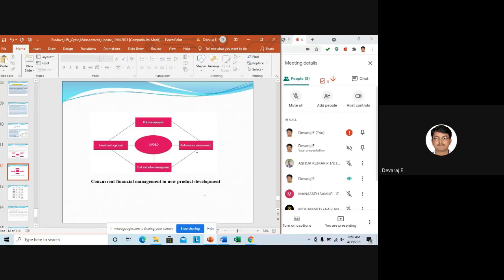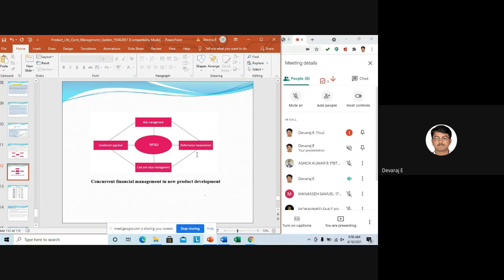So simultaneously, or concurrently, the company should look from the designing phase to the manufacturing phase. Every time they should do this concurrently. That means they should check how much they are investing, the cost for each phase, and what the performance of the product is.